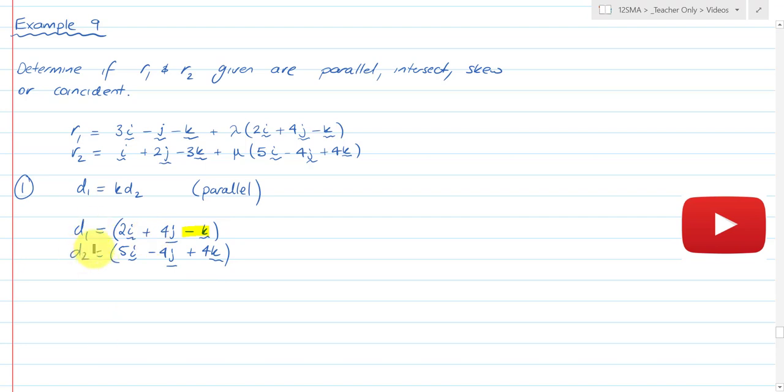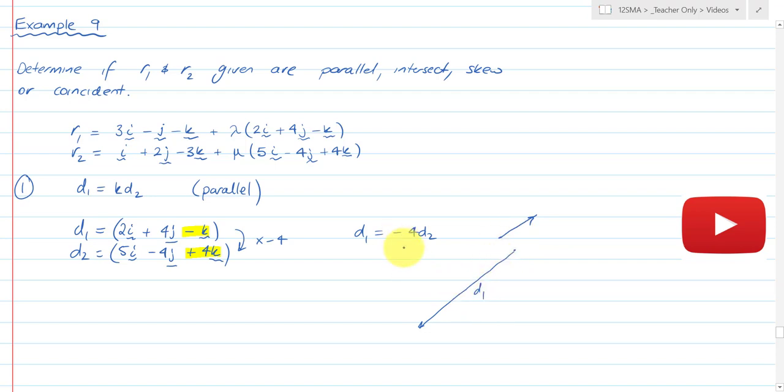To get from d1 to d2, negative k would have to be multiplied by negative 4 to get it to positive 4k. So this is saying that this has to be multiplied by negative 4, and d1 is equal to negative 4 d2. And negative 4 is that factor that creates the parallel lines. And that would essentially mean that d1 is this vector, and d2 is this vector, parallel to d1, but 4 times longer and in a negative direction.